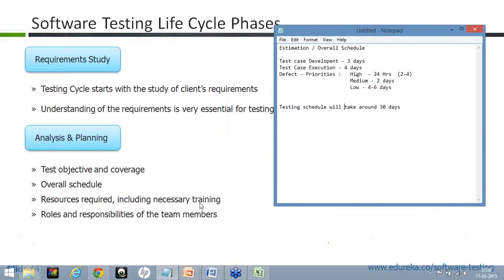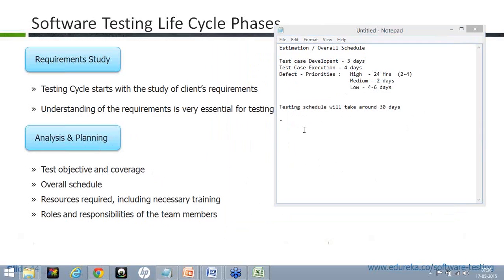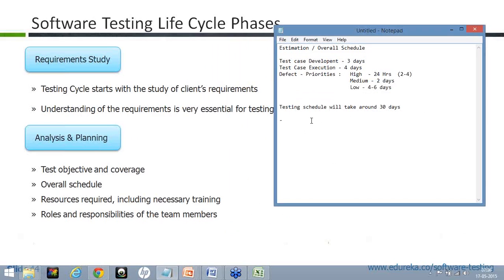Okay, and now the third one, what is another planning that we will do? Resources required, including necessary training. When you talk about necessary training, some guys are very skillful in domain knowledge. They are experts in domain knowledge, but when it comes to communication, that is another hurdle for them. How is that communication? In communication there are different types. One is cross culture, and then your attitude.